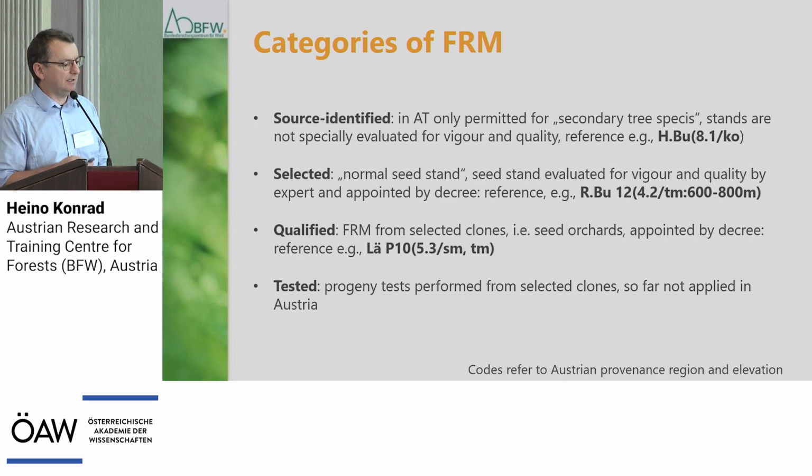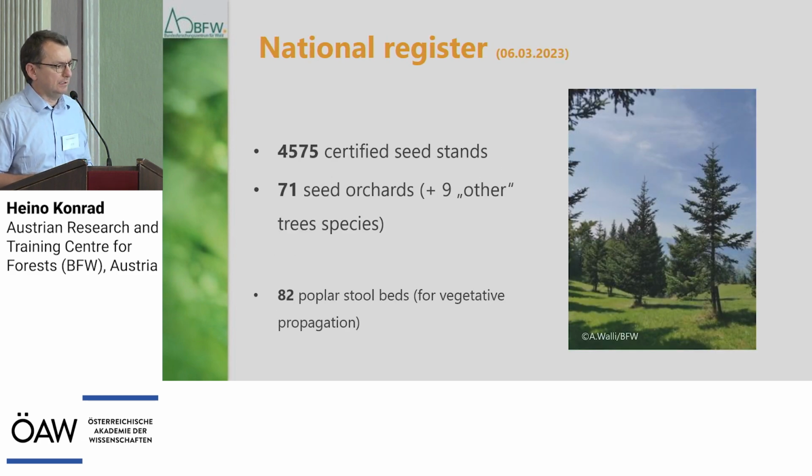The highest category would be tested. This depends on the performance of progeny tests for the selected clones. So far, this is not applied in Austria. Yeah, what material do we have? So for all seed stands, for all seed orchards, there's a national register, the database of the stands.